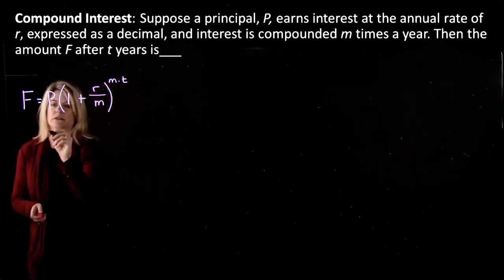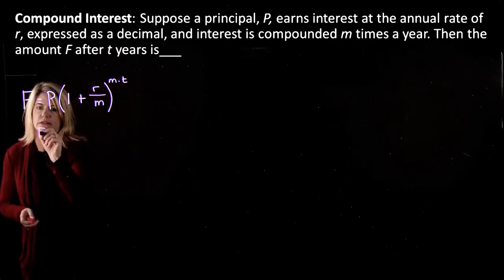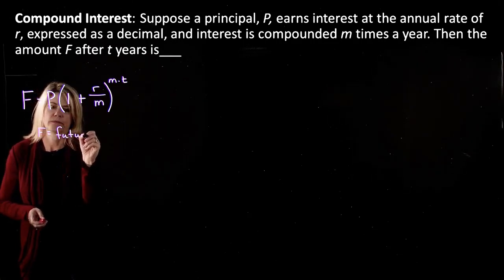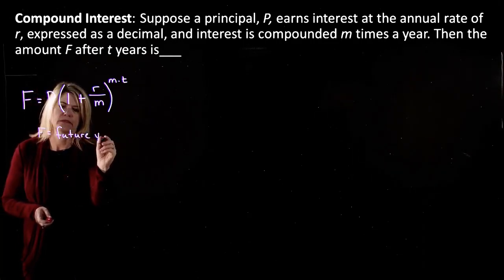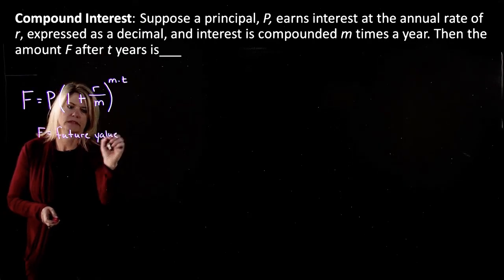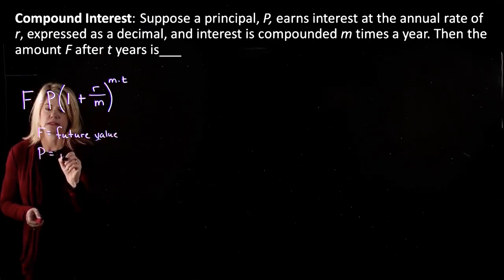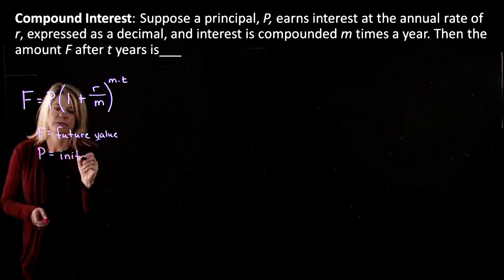I just want to make some notes here that F is future value. P is the initial deposit.